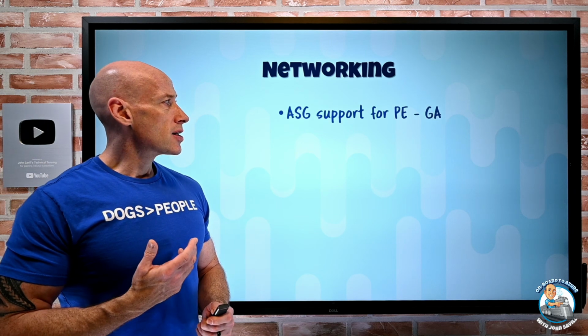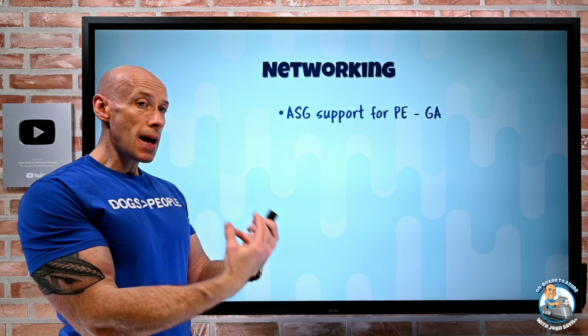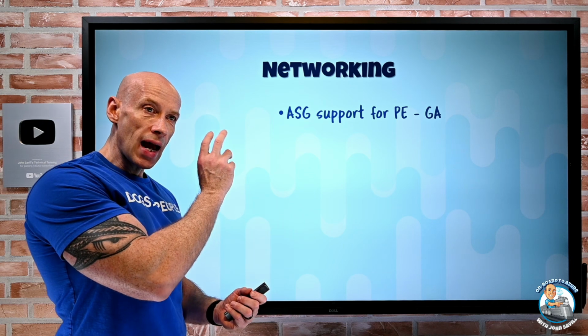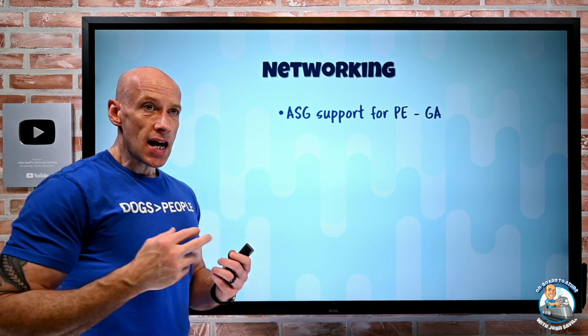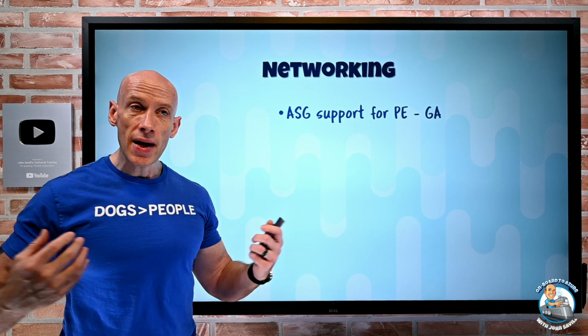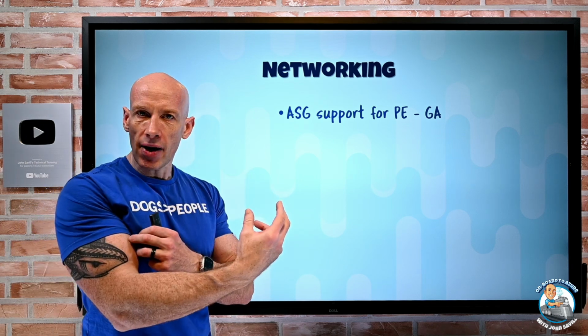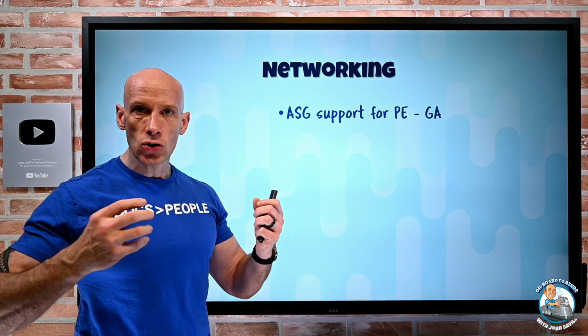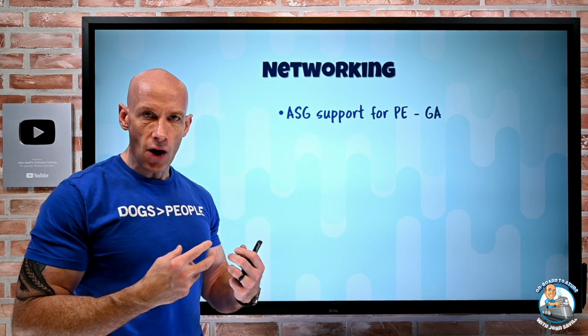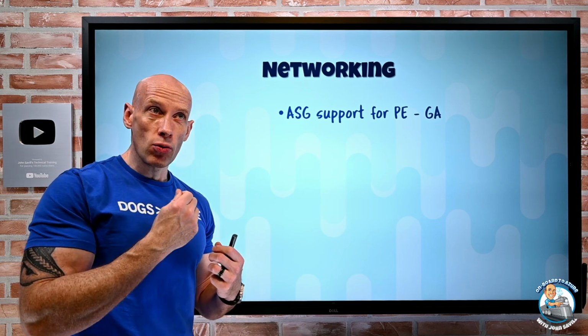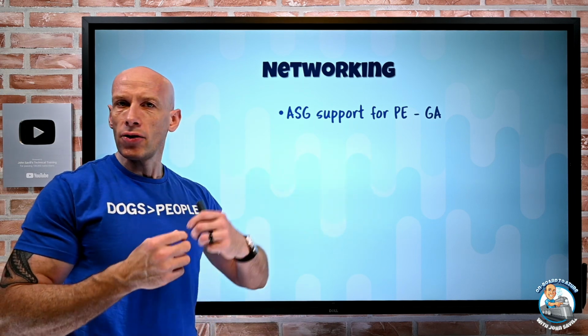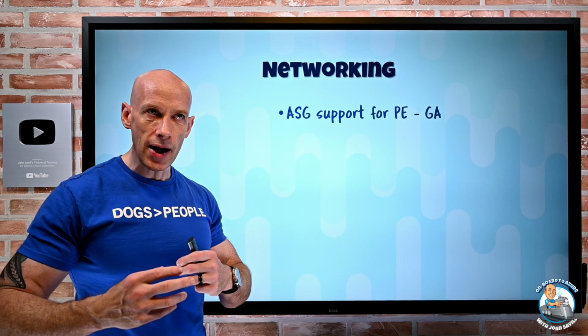On the networking side, so now for private endpoints, I can use application security groups. If I think about a regular network security group, it's about rules based on normally IP CIDR ranges or service tags, which are Microsoft defined sets of IP ranges. And I can set rules for both the inbound and the outbound, the ports, the protocols, allow, deny.